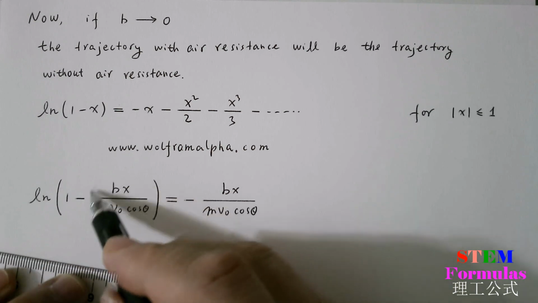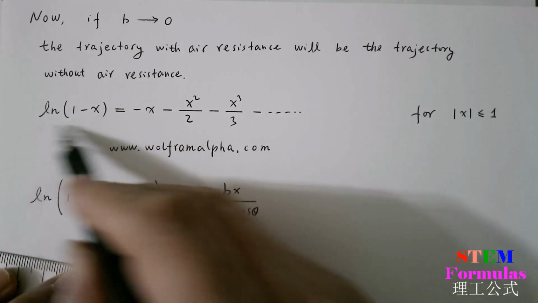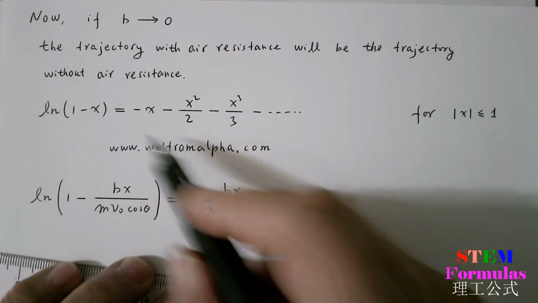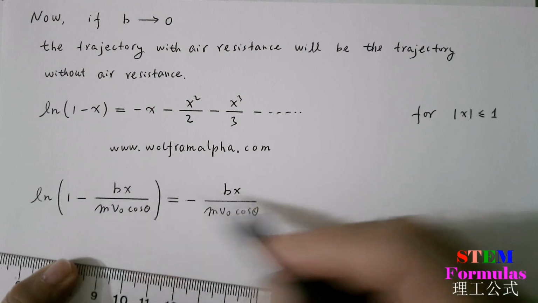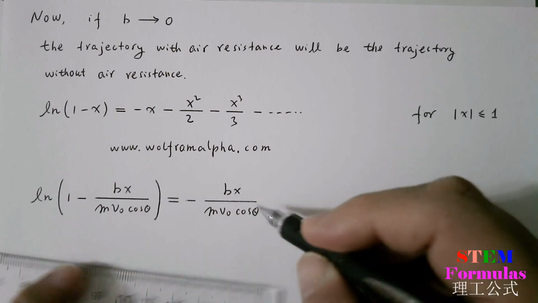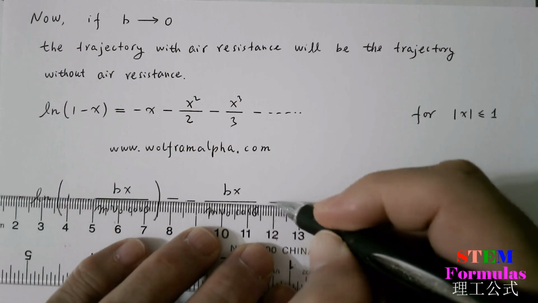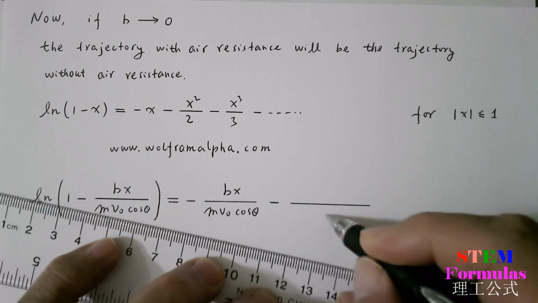So we consider the whole term as x in this expression. So the first term is minus x, so minus this whole term, b x divided by m v0 cosine theta. Then minus the second term. On the bottom we have 2.